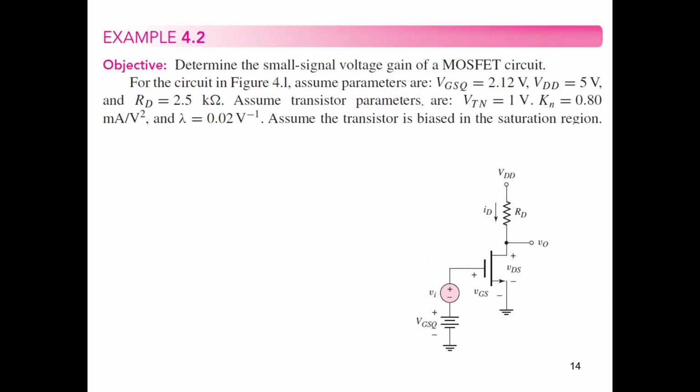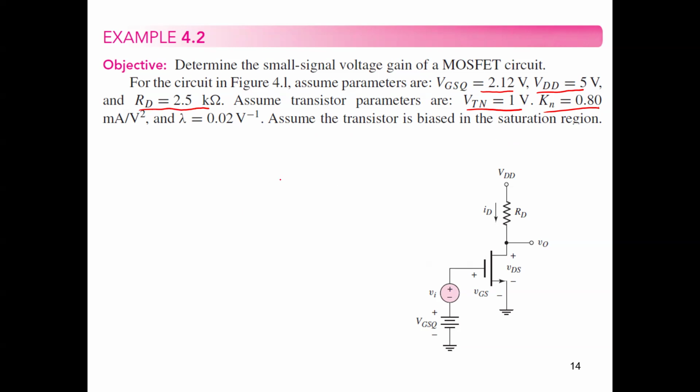It's required to get the voltage gain if VGSQ is 2.12, VDD is 5 volt, RD is 2.5 kilo ohm, and assume the transistor parameters VTN equals 1 volt, Kn equals 0.8, and lambda equals 0.02 volt to the power minus 1, and assume the transistor is biased in the saturation region.